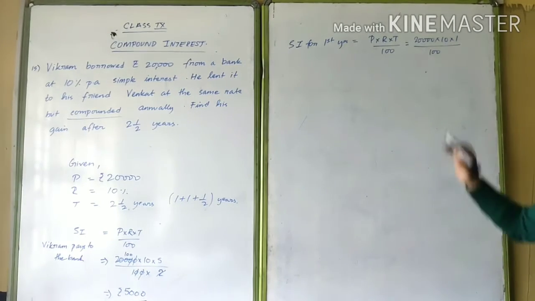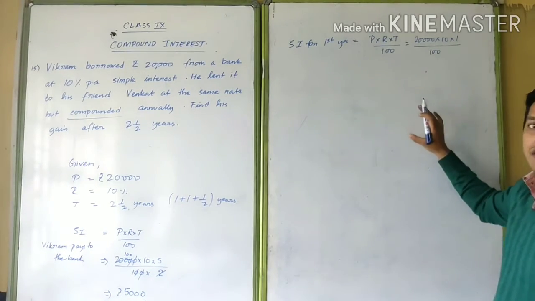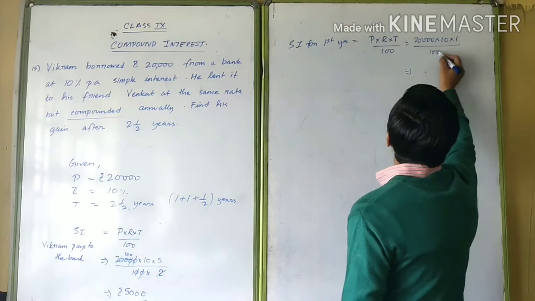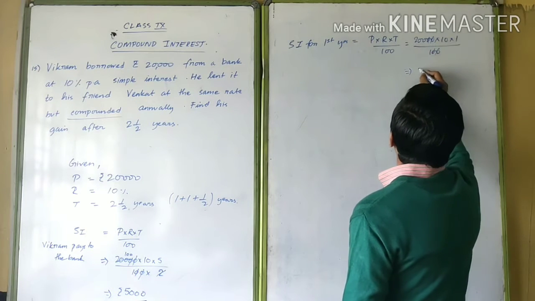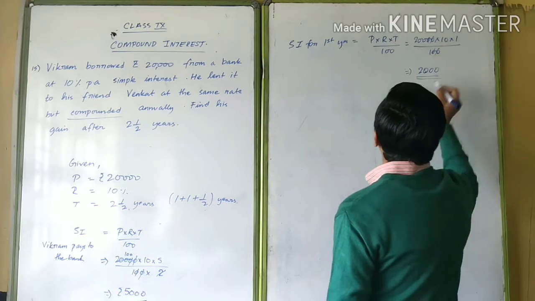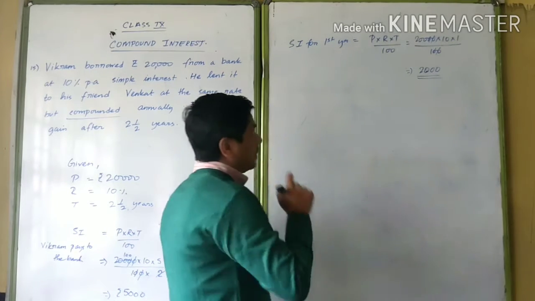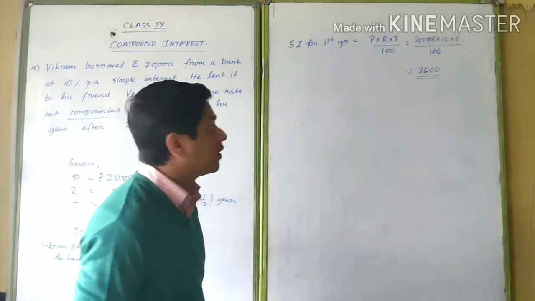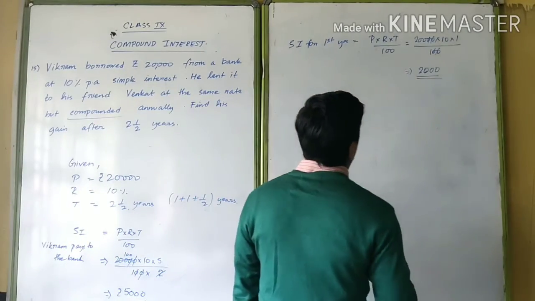Every year we will find the interest and then the amount. So 0, 0 gets cancelled, and for the first year Venkat will be paying 2,000 as simple interest.